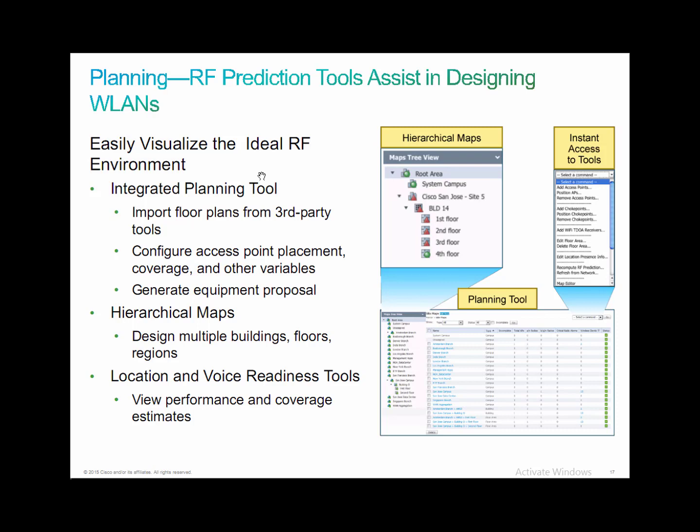So there's an integrated planning tool that includes floor plans. You can create those floor plans in third-party tools like AutoCAD and so on, and then you can place your access points, or use it to generate proposals. We have hierarchical maps, like I said, where you have the site, and then you can drill down into the buildings, drill down into the floors, and then we also have voice readiness tools as well.